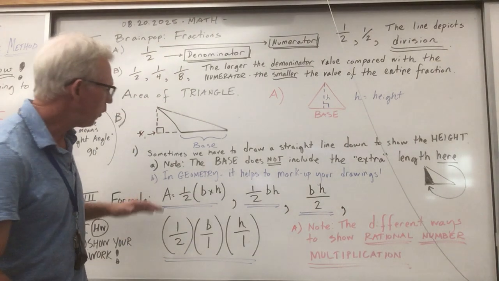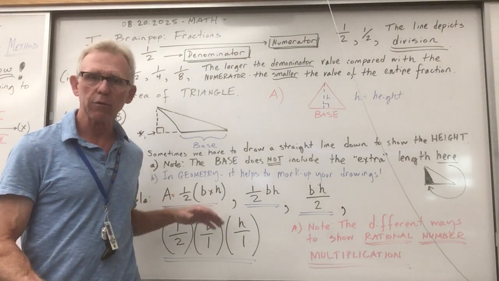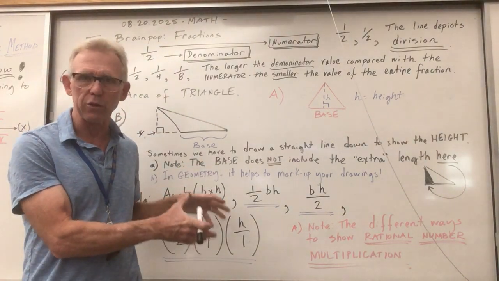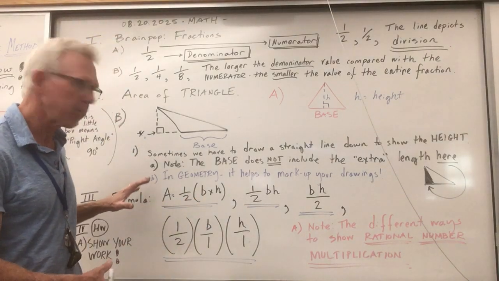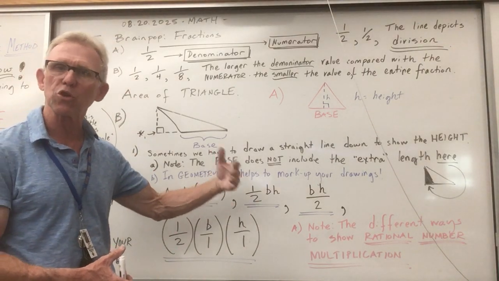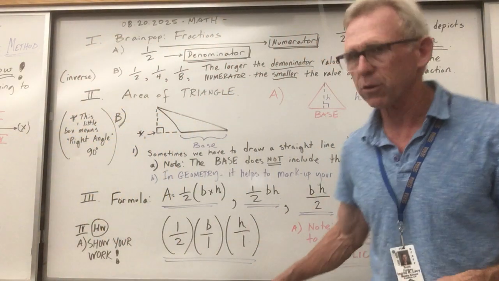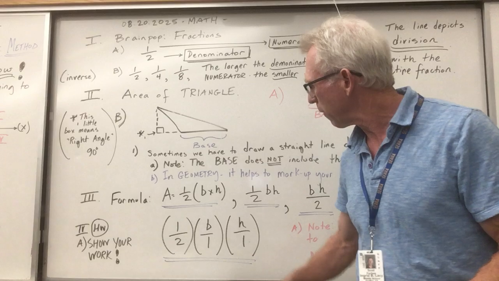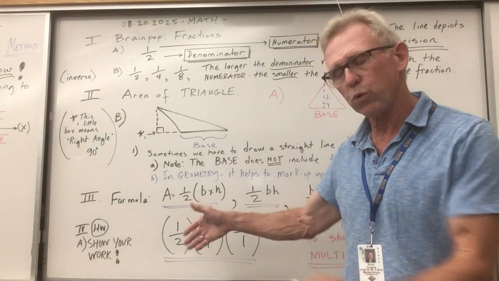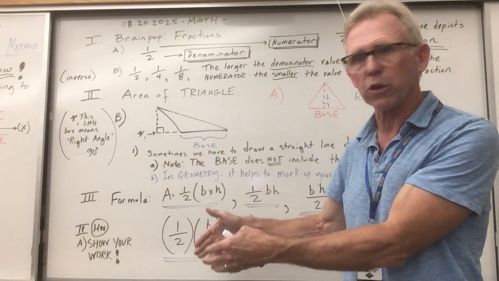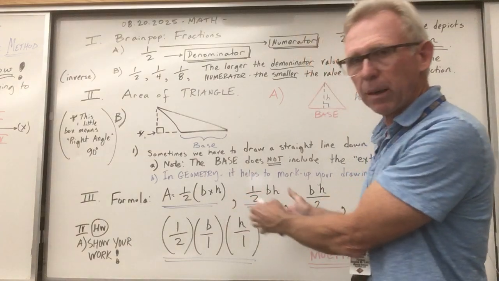You're going to see a lot of classes show the formulas in different ways. All of these different ways of showing it are fine, but one of the things that I try and express quite a bit, because of my crossover with the science, is writing it out using rational numbers and separating them by parentheses.